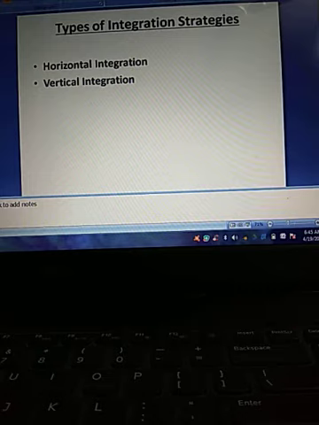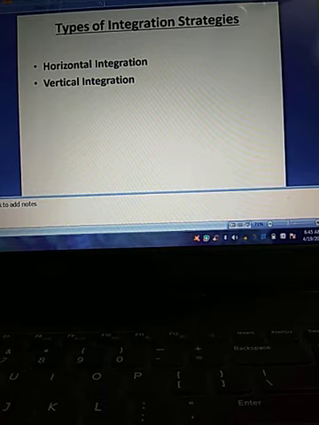Integration means clubbing or mixing. If any company mixes with the same kind of another business and they do business together, you call that horizontal integration. If a hotel business company clubs with one more hotel business company, you call that horizontal integration.